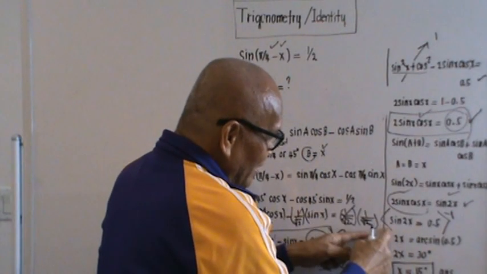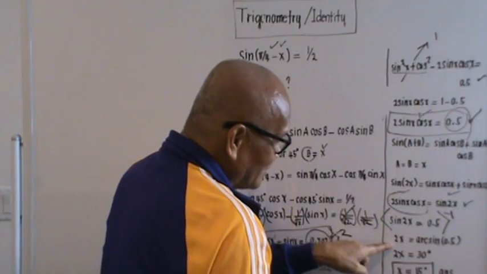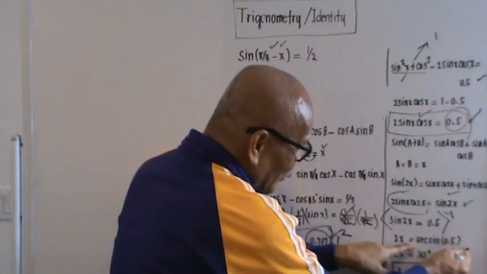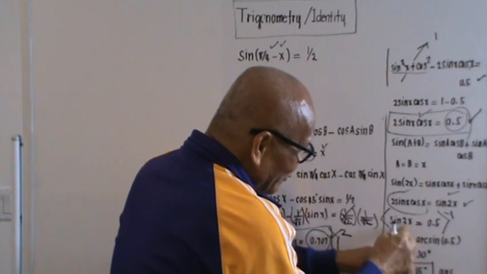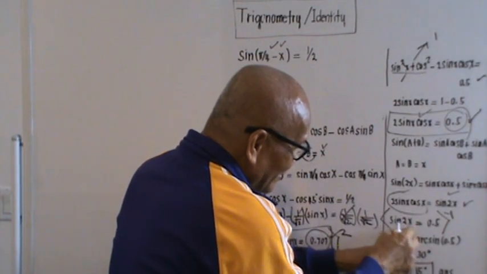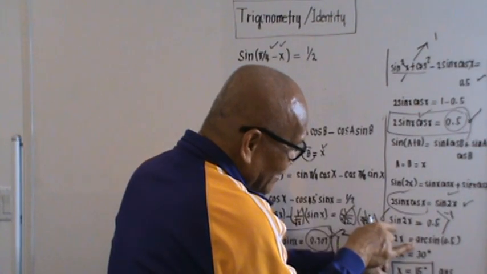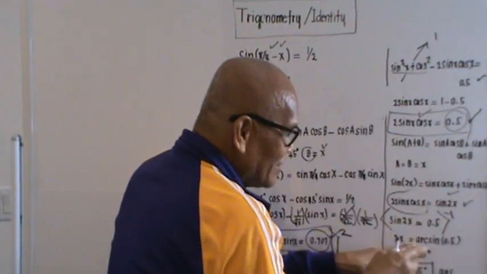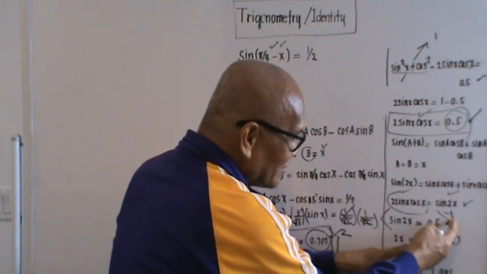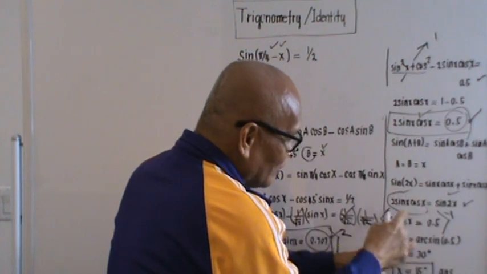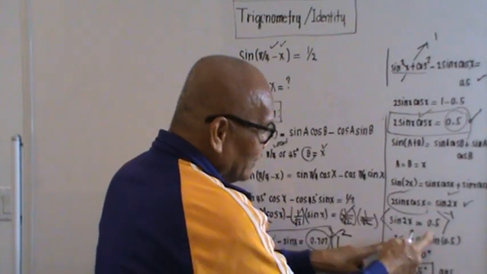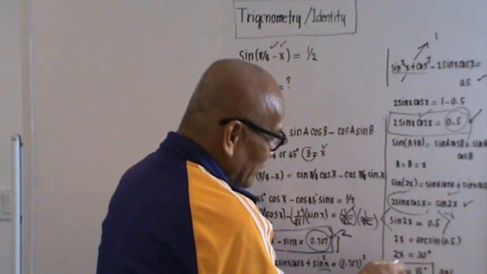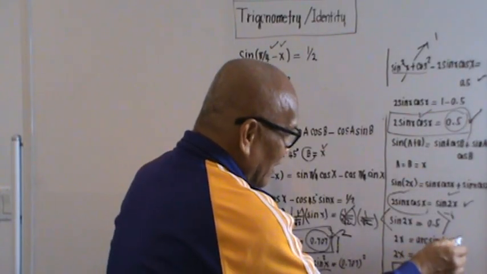Because we are solving for x here, we must eliminate this sine here, and the counterpart of this one is actually arc sine. The arc sine of sine of 2x will be 2x, and the arc sine of 0.5 stays as the arc sine of 0.5. So 2x now will be equal to the arc sine of 0.5.